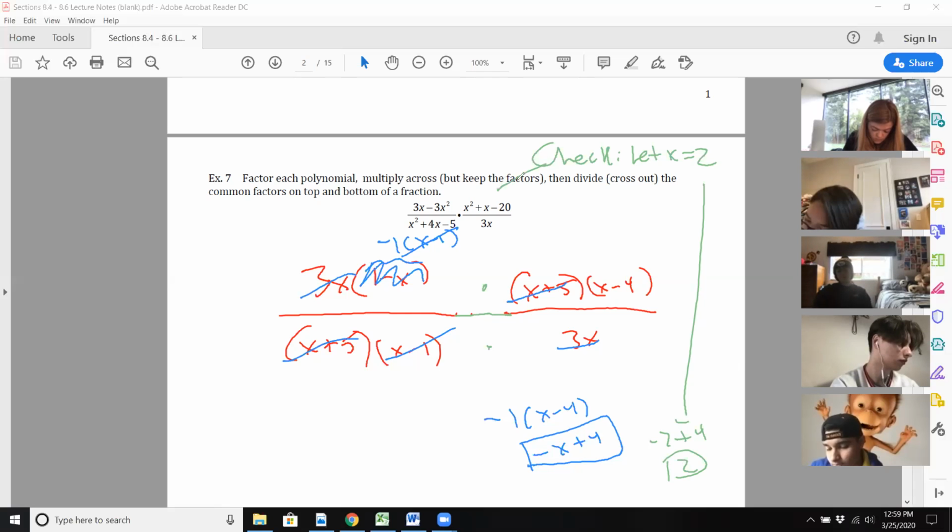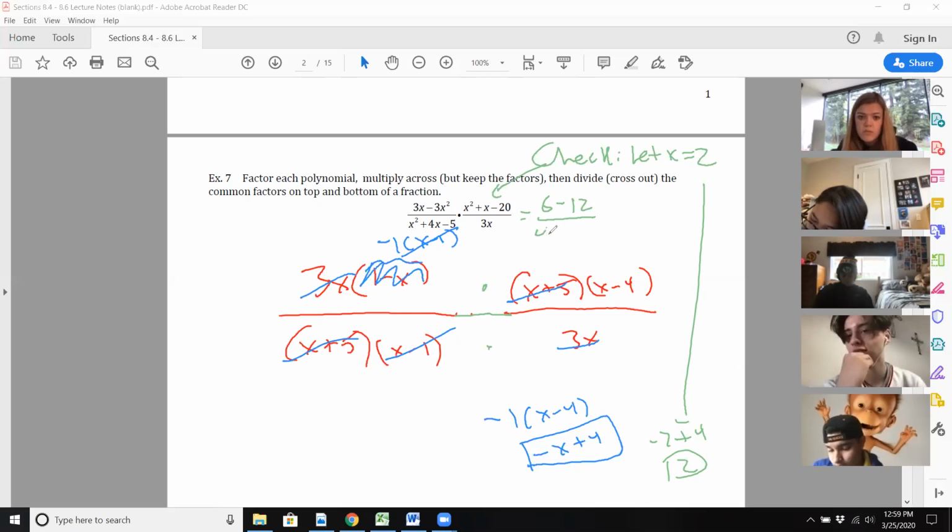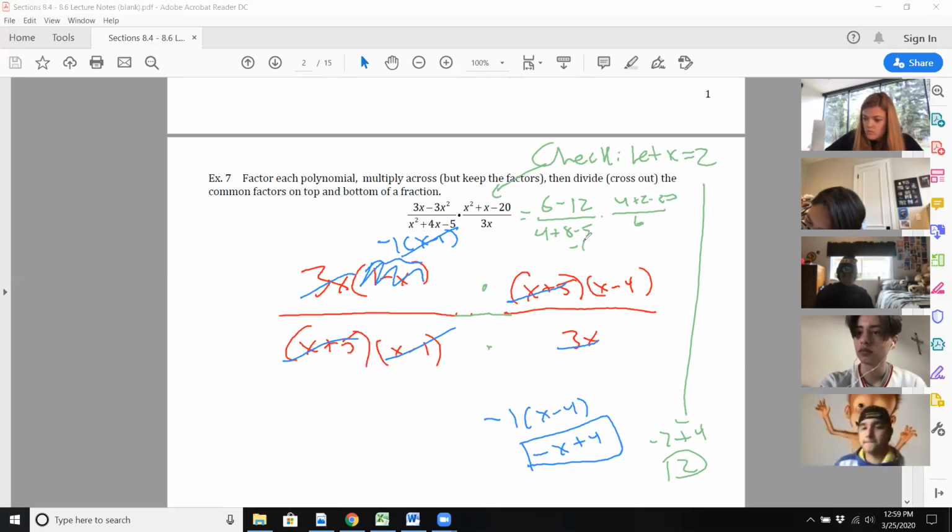But you're also going to plug 2 into the original expression. You get -6/7 times -14 over 6.